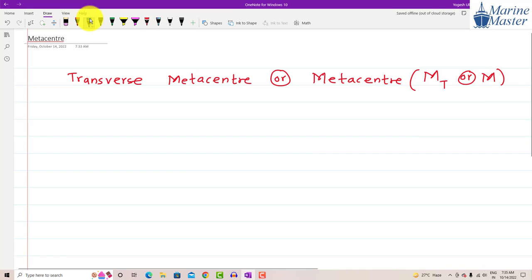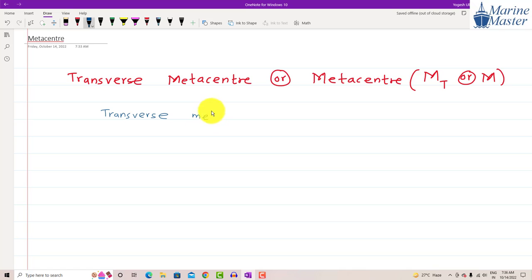Now what is meant by transverse metacenter? Transverse metacenter is an imaginary point about which rolling of the ship can be considered at a small angle of heel. Try to understand the meaning of transverse metacenter.